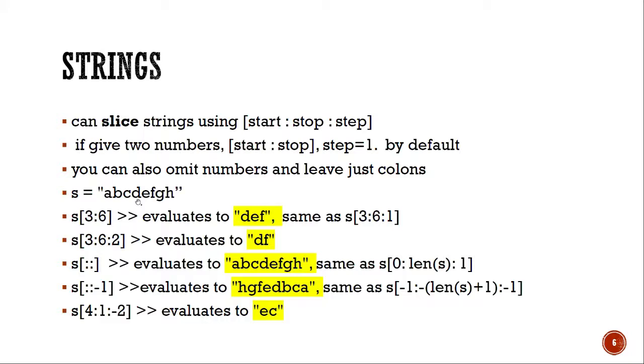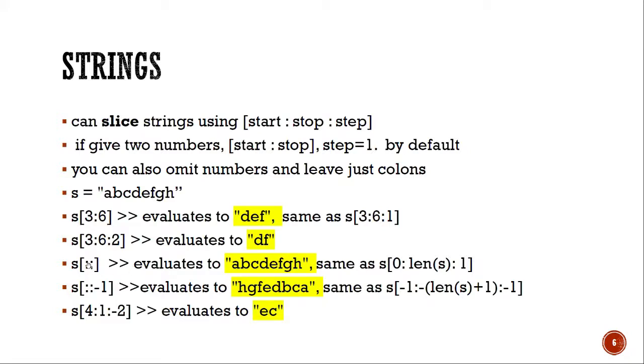So this will give us D, E, F. This is similar to using the structure 3, 6 with a step of 1. However, we can define it to be every other letter, so this statement would actually only extract or slice the characters D and F.